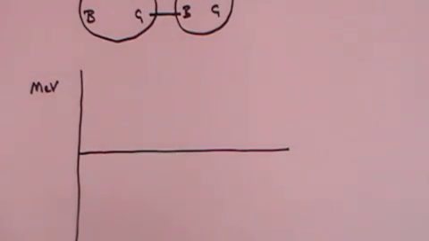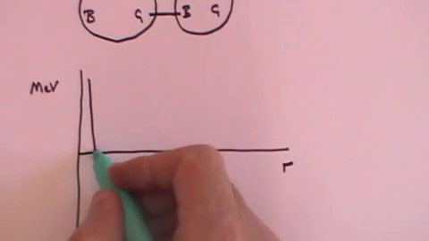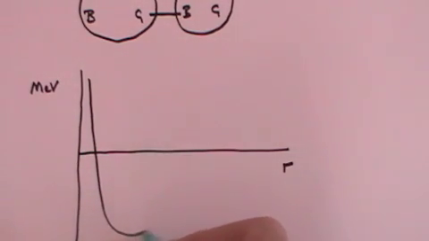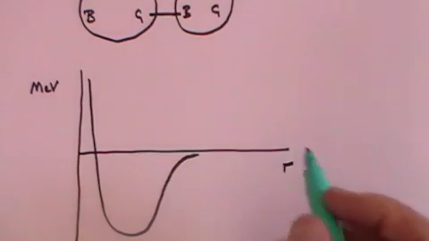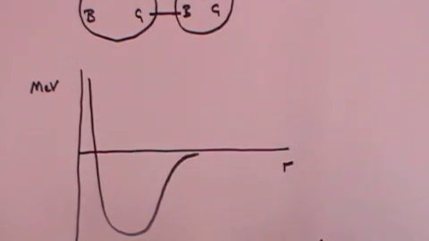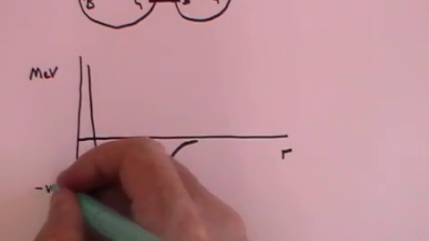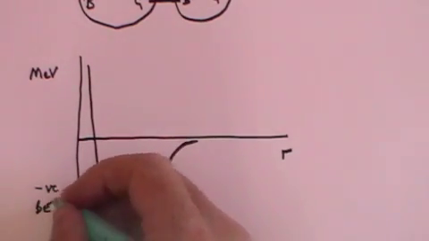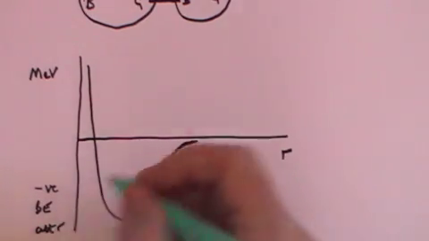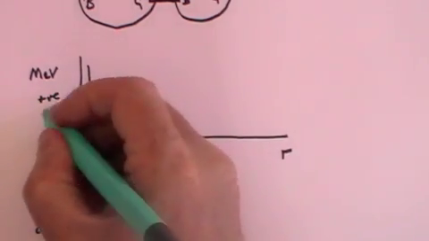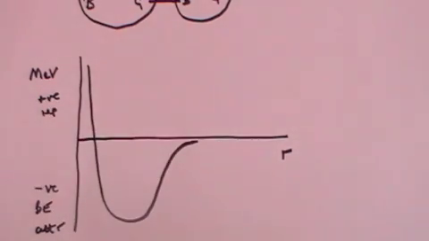If you actually plot the nuclear potential, which is the nuclear potential energy, against R, which is the separation between two nucleons, the shape of the force, or in this case the shape of the potential, is something like this, where this is the negative side and is therefore the binding side, so it's the attractive bit, and this is the positive and therefore, as it were, the repulsive bit.